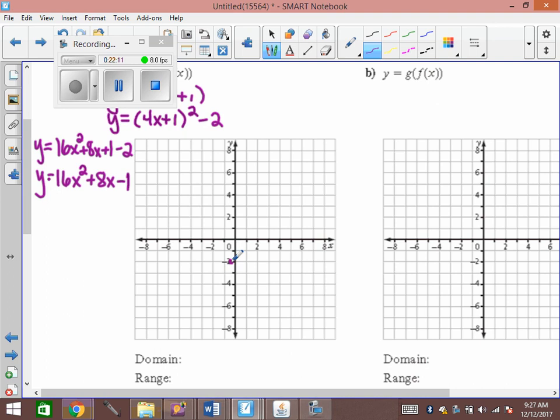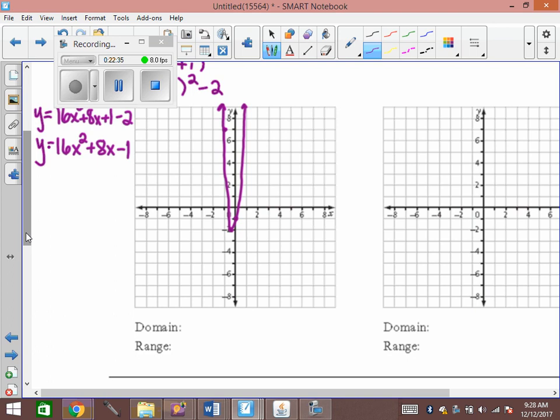And negative 1 and 7. 0 and negative 1. So it's going to be something like, ooh, this is really bad, like that. Pretend that's a better parabola.